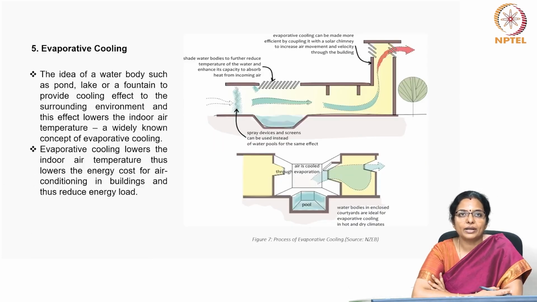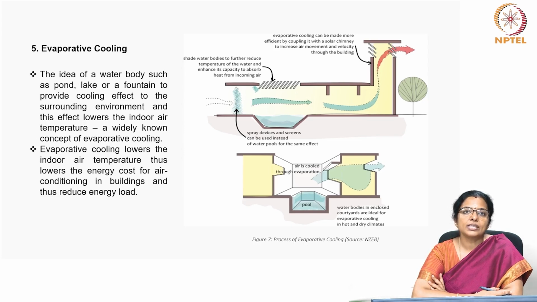Fifth is evaporative cooling. The idea of a water body such as a pond, a lake, or a fountain to provide cooling effect to the surrounding environment, and this effect lowering the indoor air temperature, is widely known as the concept of evaporative cooling. Evaporative cooling lowers the indoor air temperature.